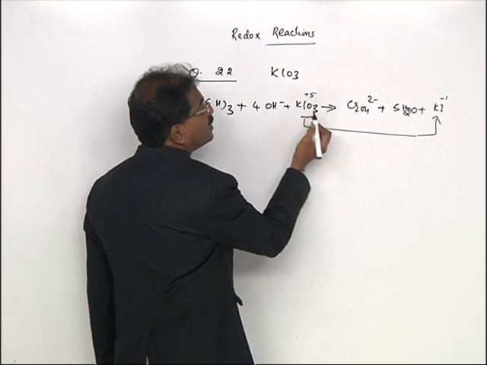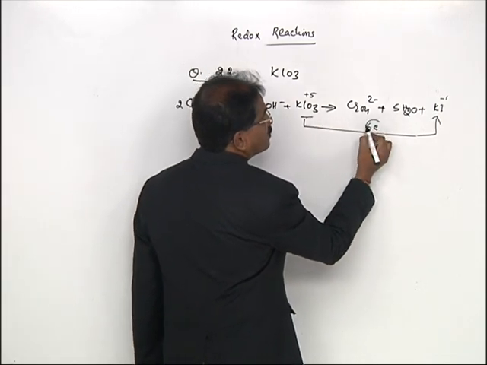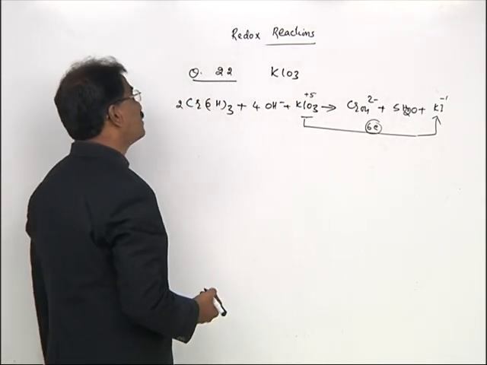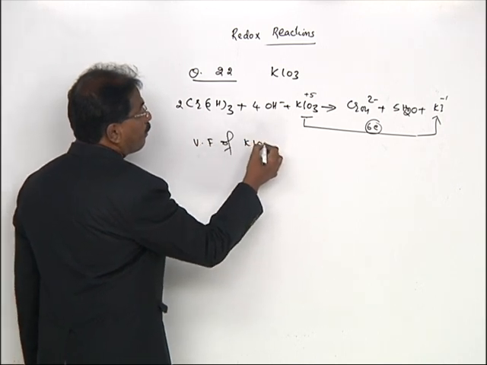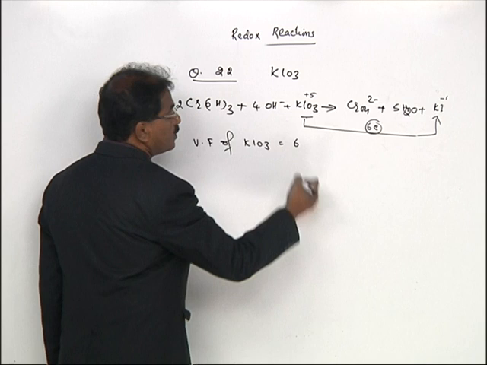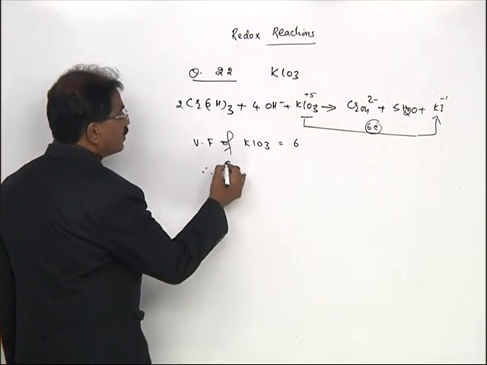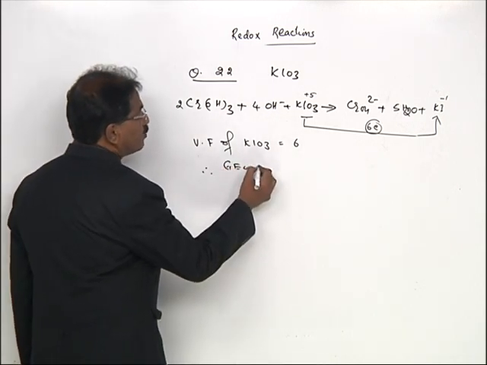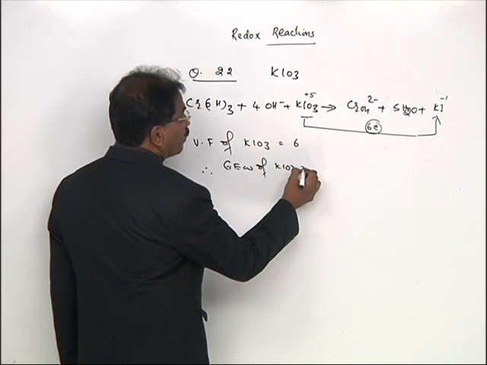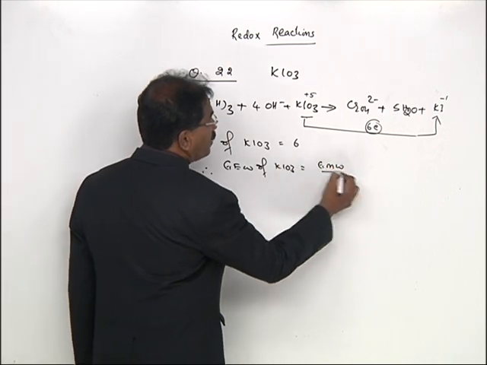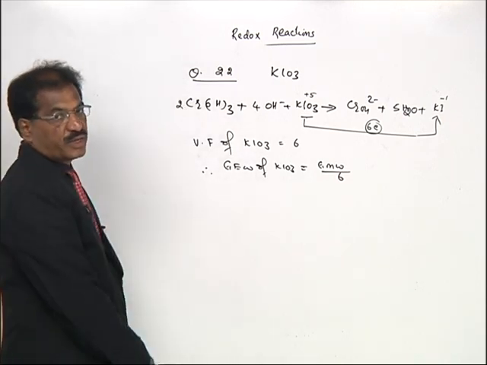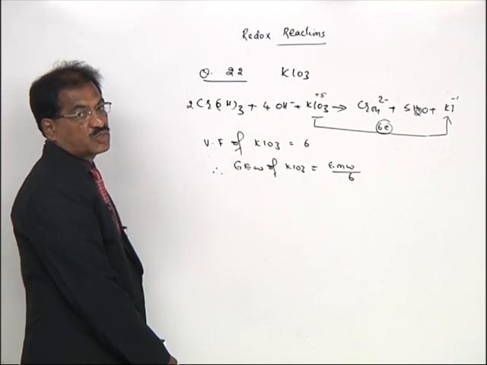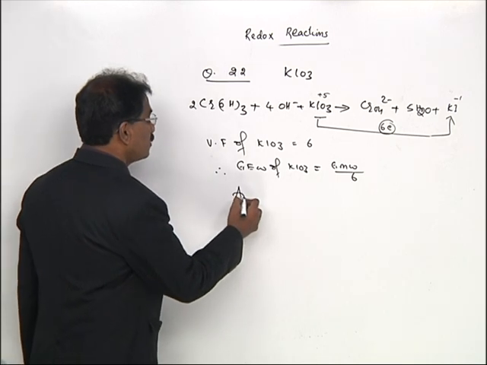That iodine is gaining how many electrons? 6 electrons. Therefore, the valence factor of KIO3 is 6. Therefore, gram equivalent weight of KIO3 is gram molecular weight by 6. So select the option where gram molecular weight by 6 is shown. Answer is 2.